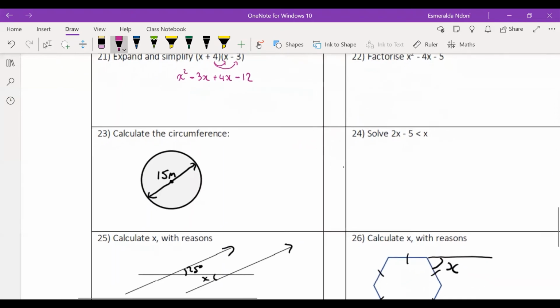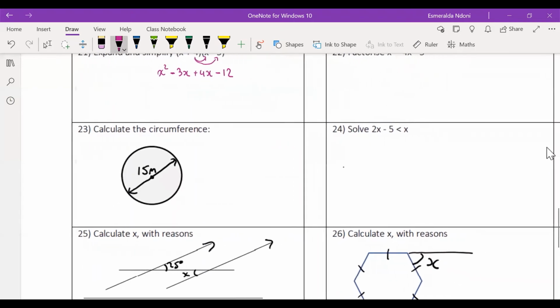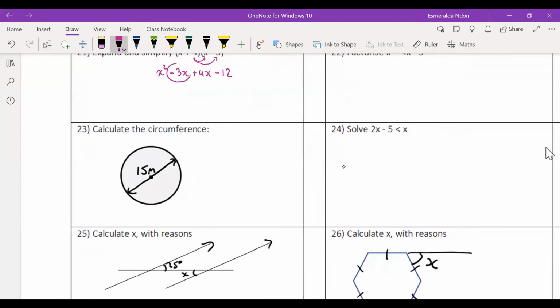We need to collect like terms to just simplify this a little bit. So those two are the same. You circle them, including their signs. So x squared is there. Now we have a -3, and we're adding 4 to it.